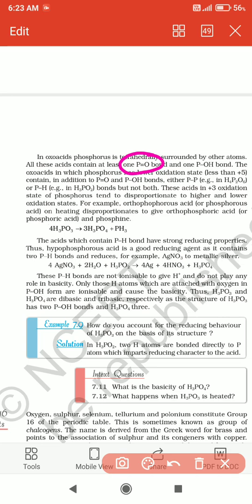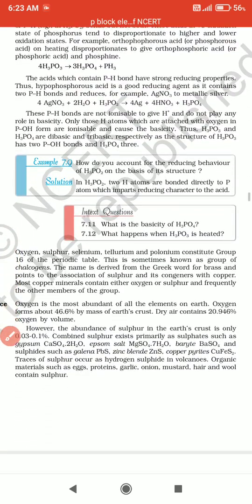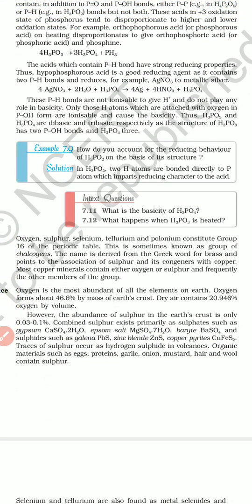Next, acids which contain phosphorus-hydrogen bonds have strong reducing properties. Thus, hypophosphorus acid is a good reducing agent as it contains two P-H bonds, and it reduces silver nitrate, AgNO3, to metallic silver.